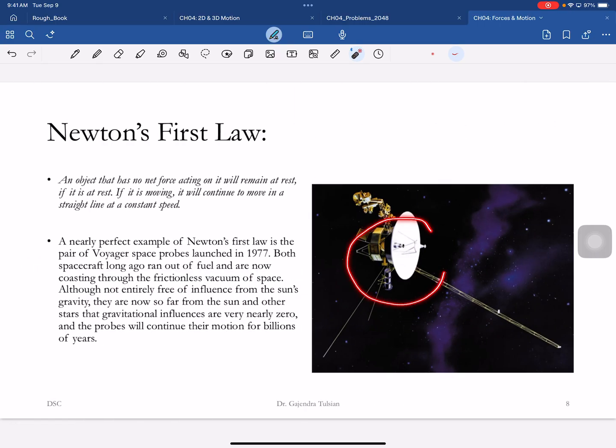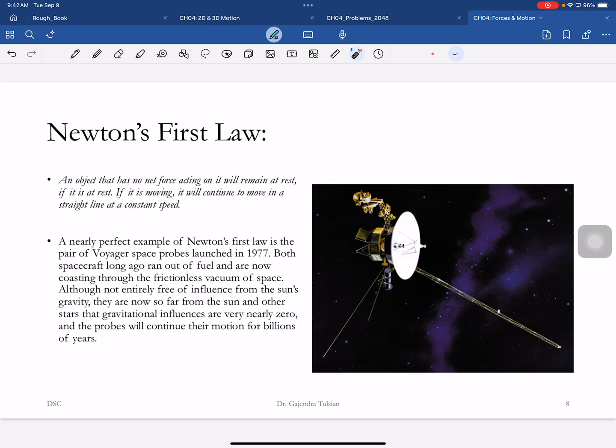The Voyager probes were sent out in 1977, and they've gone out of the solar system, and there's almost zero force on them. They're going at, I don't know, maybe 40 kilometers a second or something like that. So they're going from here to Palm Coast in a second. That's how fast they're going, and they'll keep going like that forever.